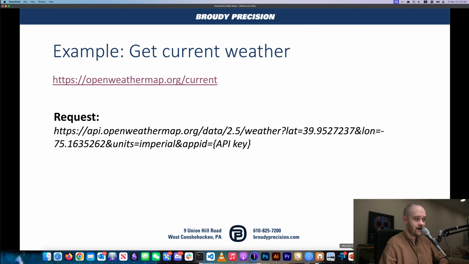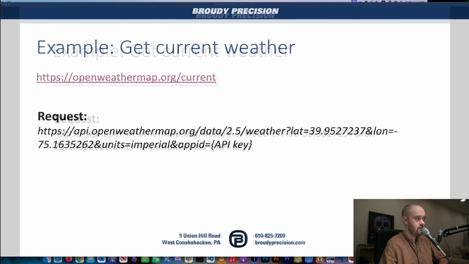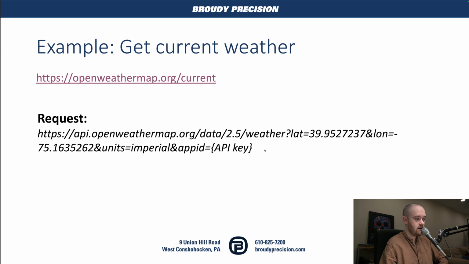But if I go back in here, let me make this full screen again. I've got an example request here as well. So I'm going to that endpoint, looking at this latitude, looking at this longitude.